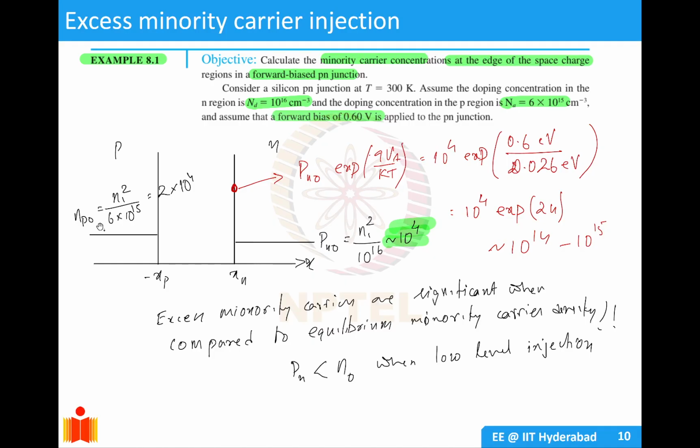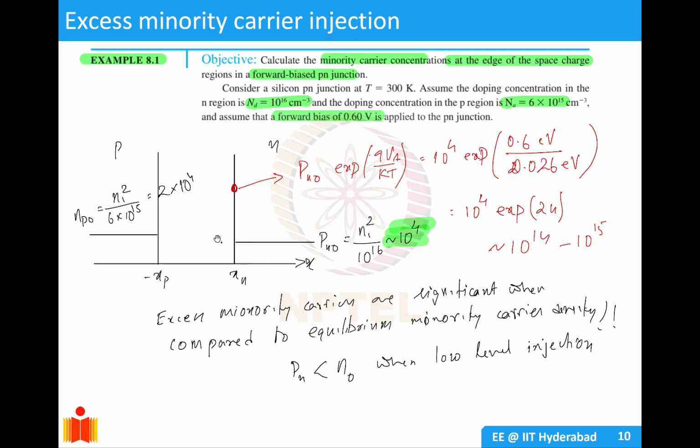Similarly, for this side, if you calculate np0, which is ni squared by Na, that comes out to be around 2 into 10^4. You put it in the same equation, so it will come out to a similar value, roughly double, around 2 into 10^15. So that is how you can calculate.